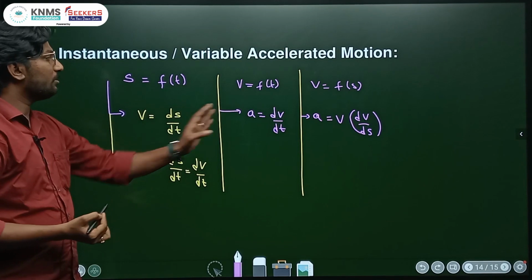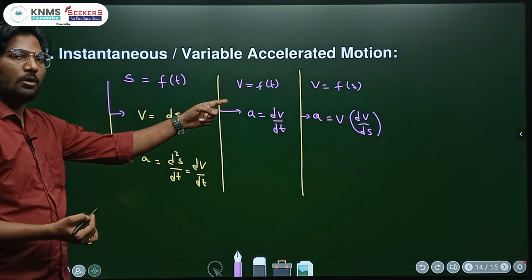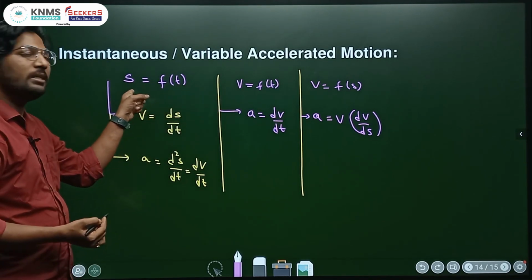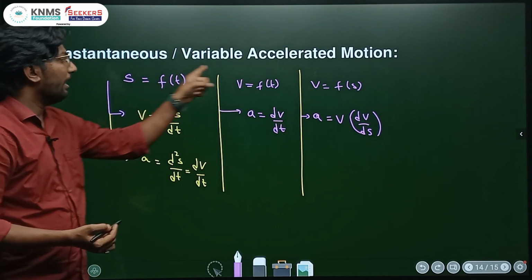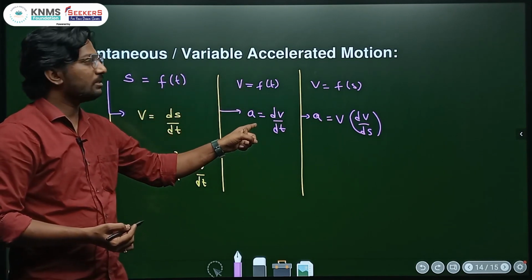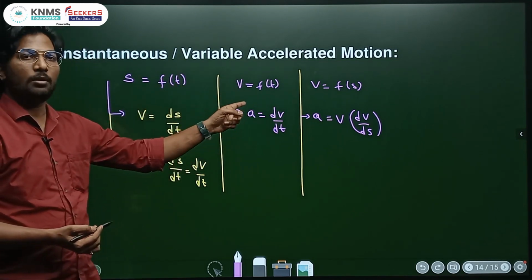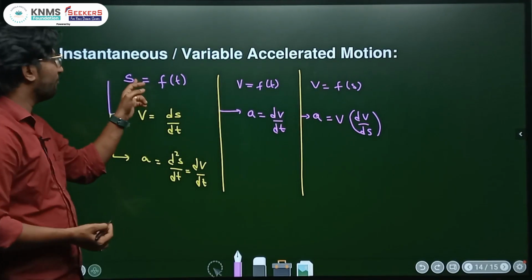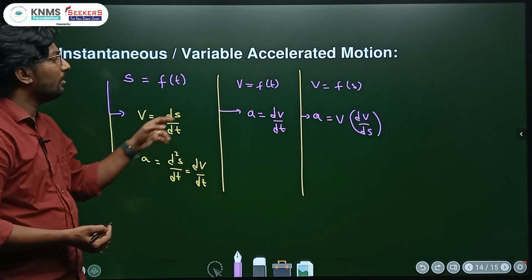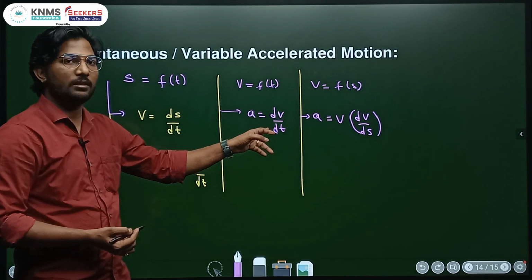So these are the differential formats, and you will go in this order. That means if displacement is given and velocity is asked, or velocity is given and acceleration is asked, you will always go in the pattern of differentiation. So differentiate displacement, you will get velocity. Differentiate velocity, you will get acceleration.